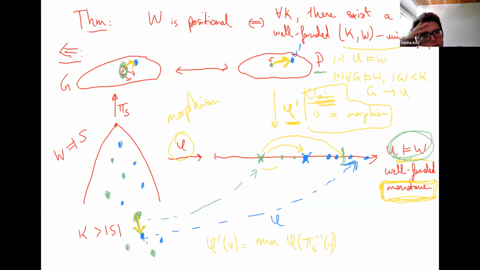And then if you look at exactly these edges that are preserved, if you can find such a map, it gives you a strategy. And conversely, if you have a strategy, then since the graph is universal, there exists such a map. So it's a direct argument.